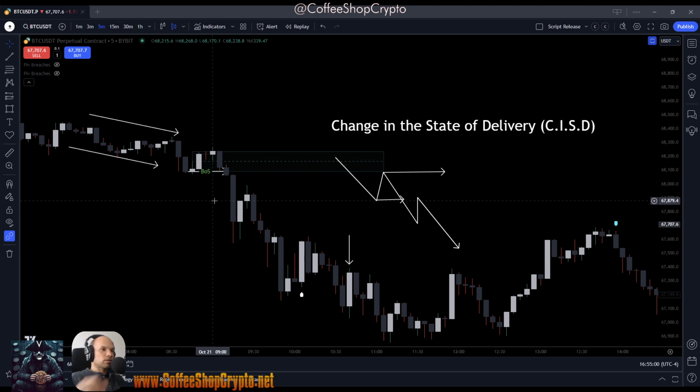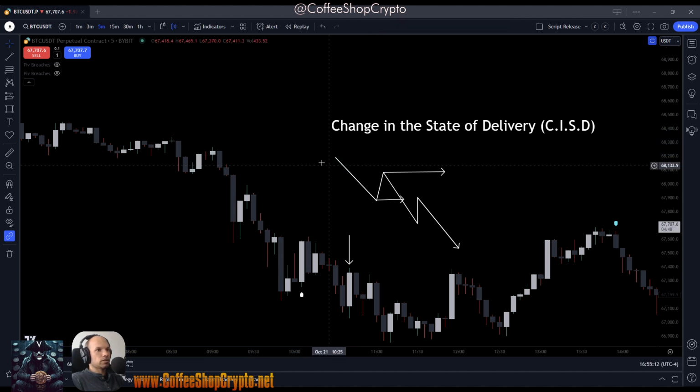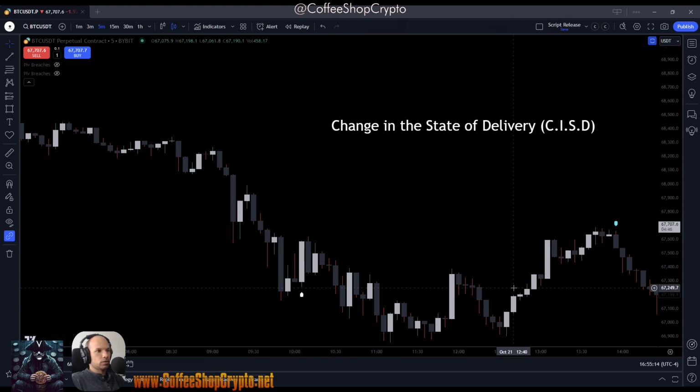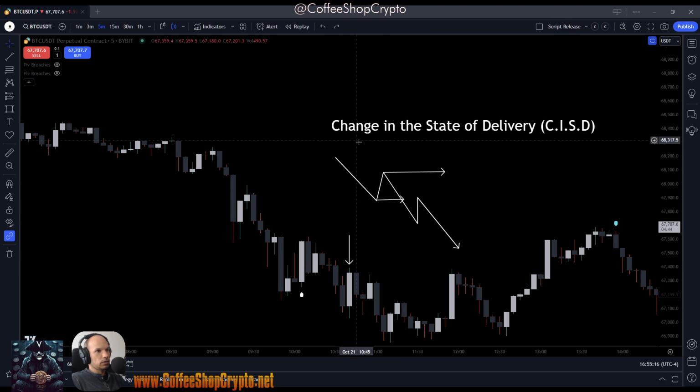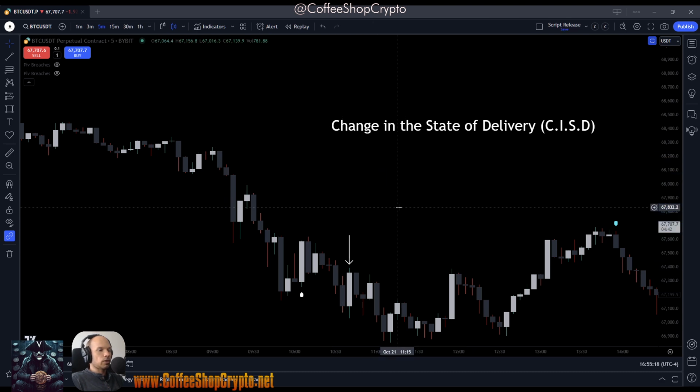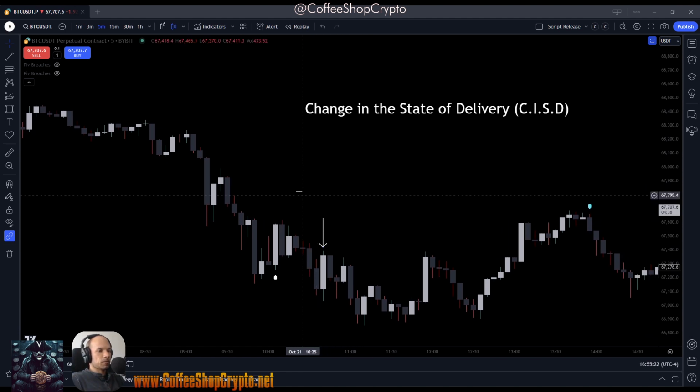But what happens when you get a down thrust candle, but then another candle breaks the previous high? Let me show you what I'm talking about. Let's wipe all this stuff out here. I actually need that one here. Okay, so a change in the state of delivery is this.